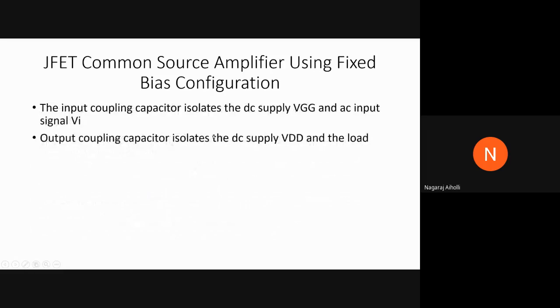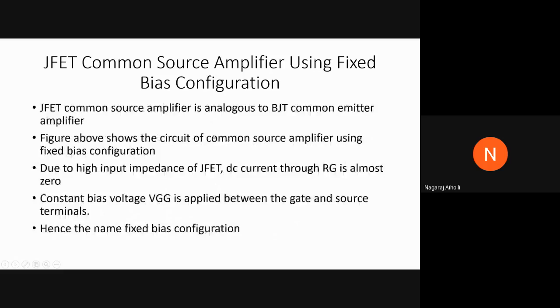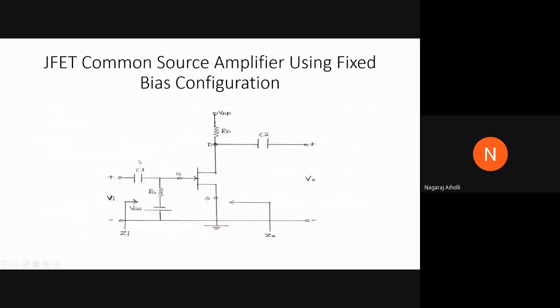The input coupling capacitor C1. So this is input coupling capacitor C1. So we know the function, or the importance, of the capacitor. This capacitor always blocks DC, because for DC the frequency is 0 and the reactance XC is infinite, and hence it blocks DC and passes the AC signal.